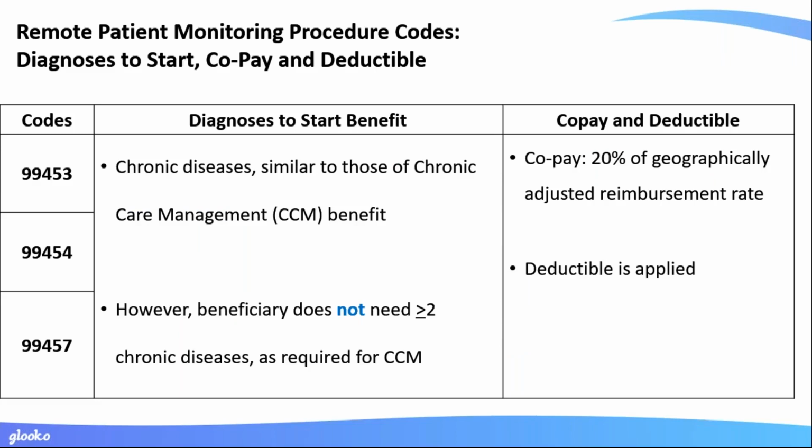So because we have to meet that 20-minute threshold for 99457, that's why I designed these progress notes, RPM progress notes, and they're 2 different formats to give you an idea of how to be tracking those minutes as you go through the month, and then what type of activities, like talking to Martha on the phone, really fall under remote monitoring.